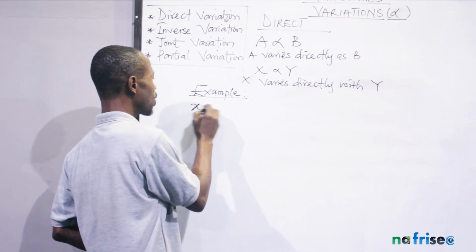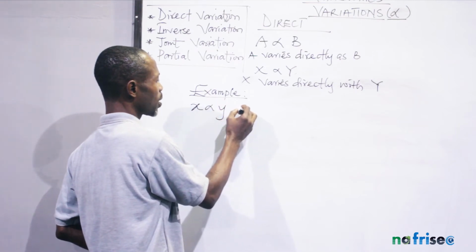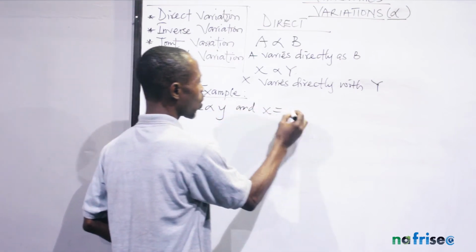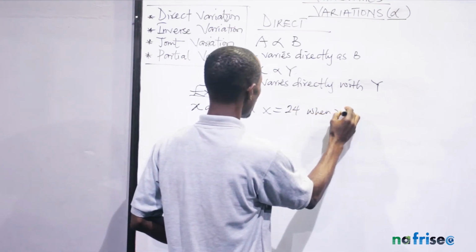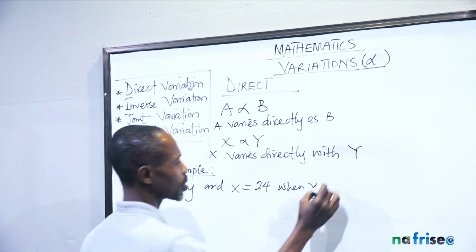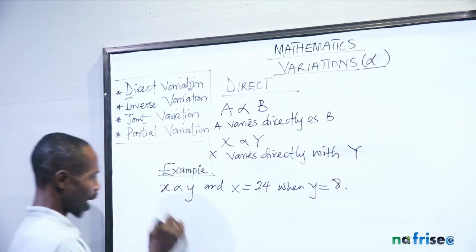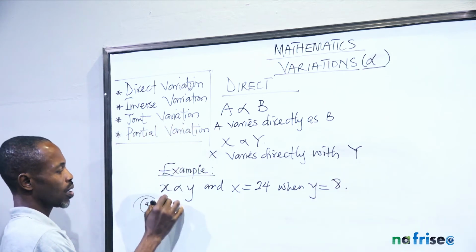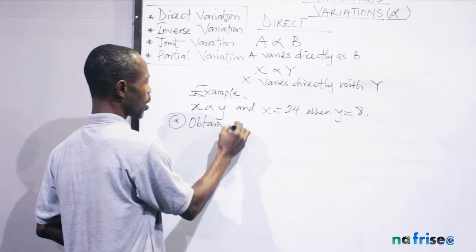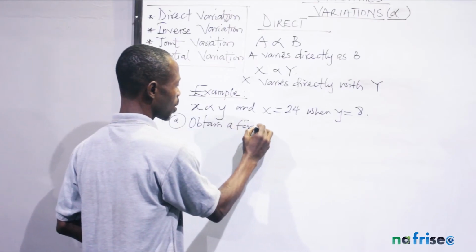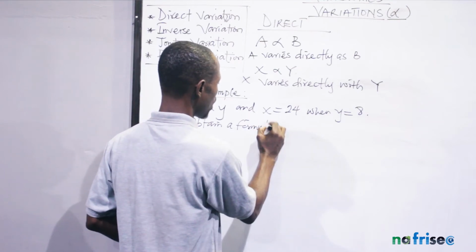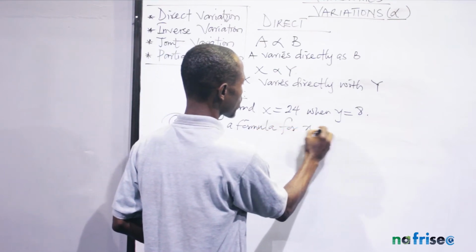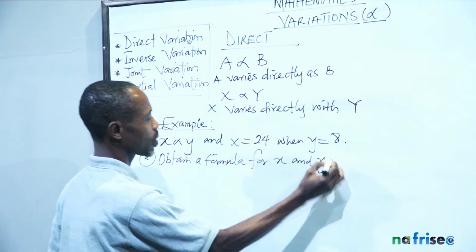If we have x varies directly as y, and x equals 24 when y equals 8, they will now ask you questions like this. A, obtain a formula for x and y.